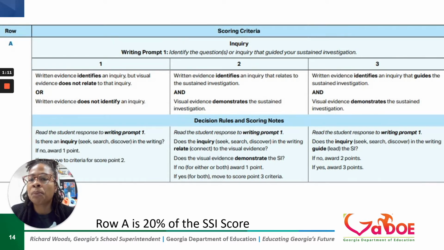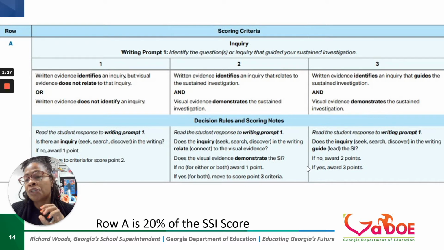So row A of the rubric has to do specifically with the writing, in which the student is identifying the question or inquiry that guided their investigation. If you look at the bottom in the blue, this actually guides the AP reader. As AP readers, we're trained for 2 days on reading and using the rubric to read the student work.